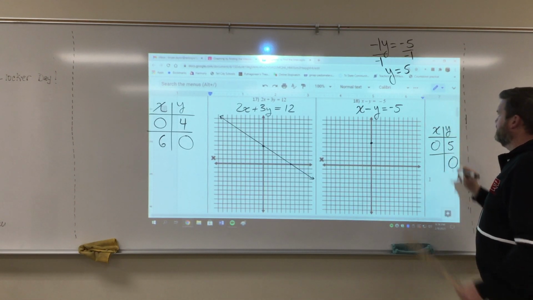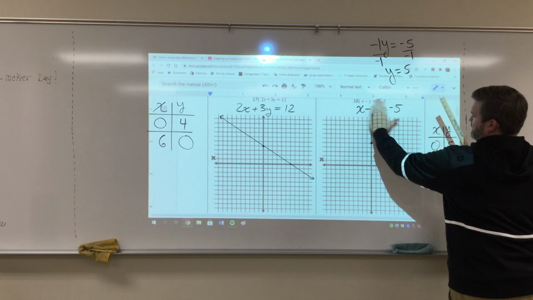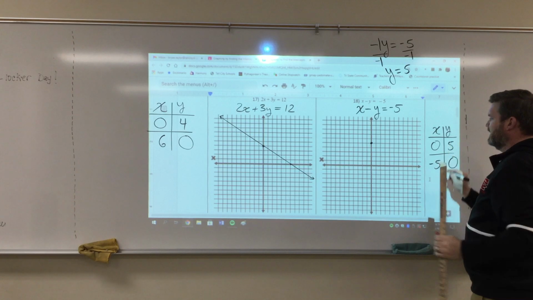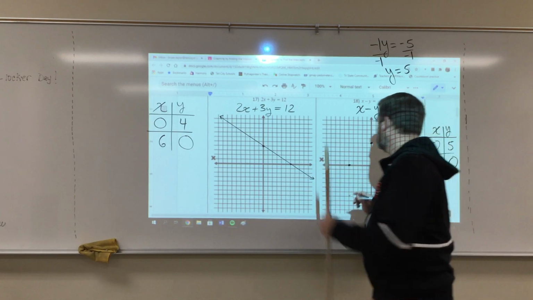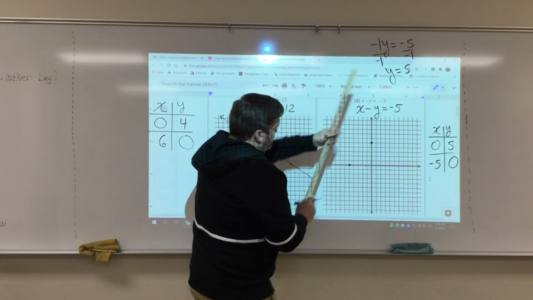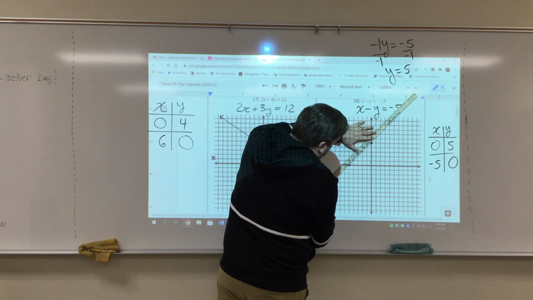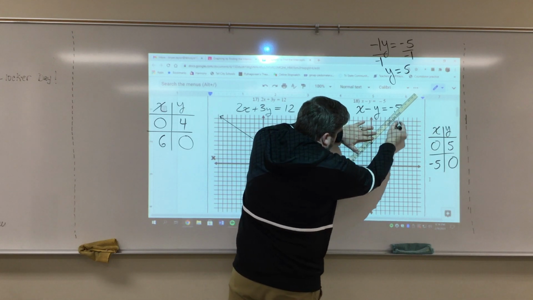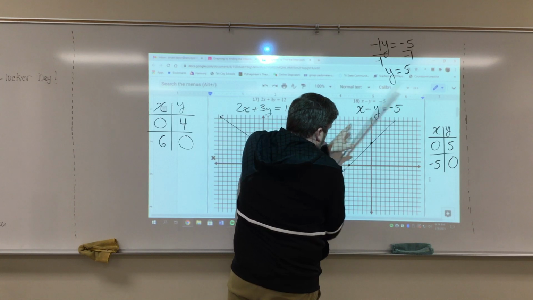If I let y be 0, that literally says x is -5. So -5 is my x-intercept. And we end up with this line here.